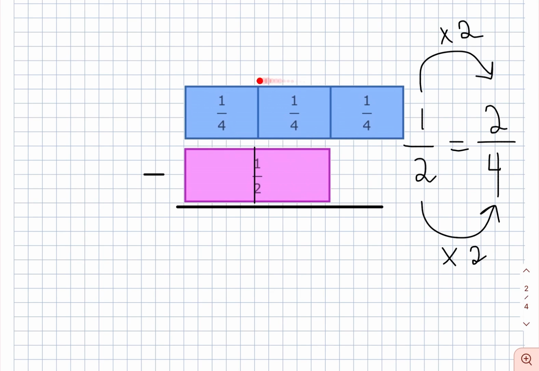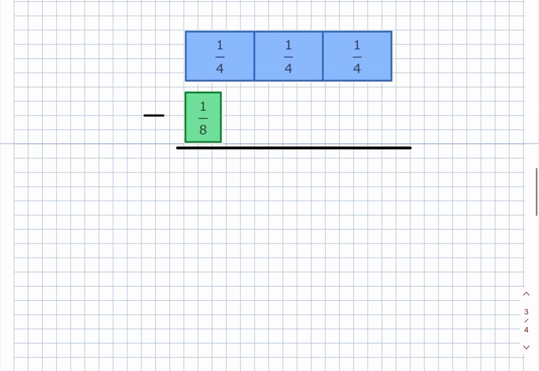We're subtracting 2/4 from 3/4. 3/4 minus 2/4 equals 1/4. That's left over. In fact, you can even imagine taking this half, taking this amount away from the top here, and that would only leave this part here left over. We'll give it one more try.